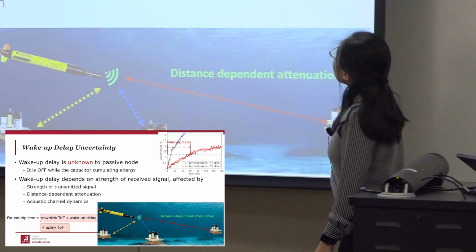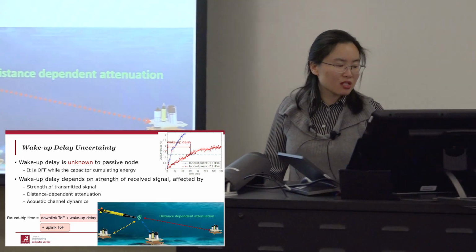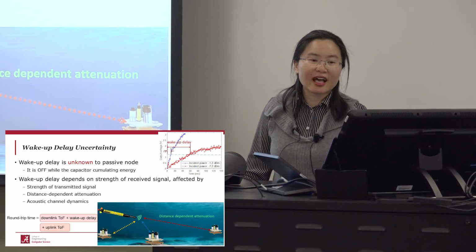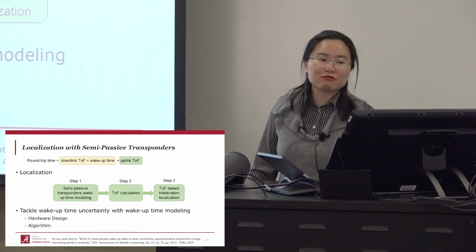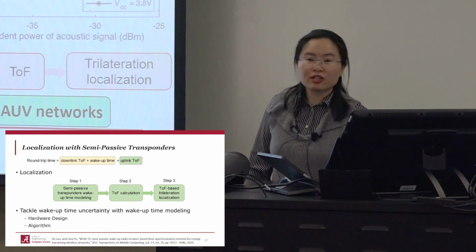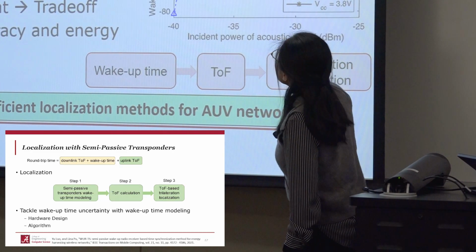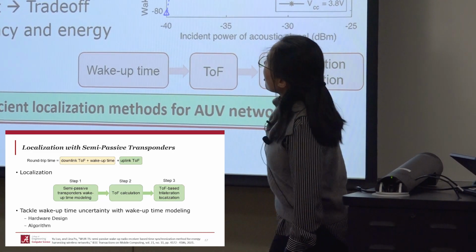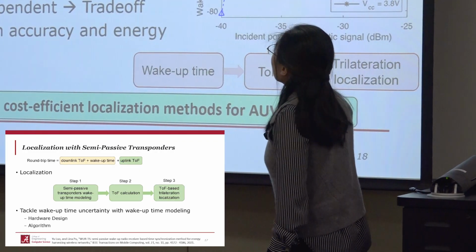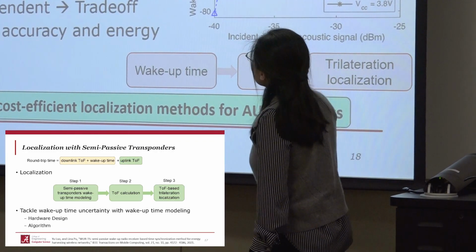So you can see that with significant wake-up delay uncertainty, we have to come up with a solution that is able to measure the wake-up time. Luckily, we are able to measure the wake-up time very accurately.